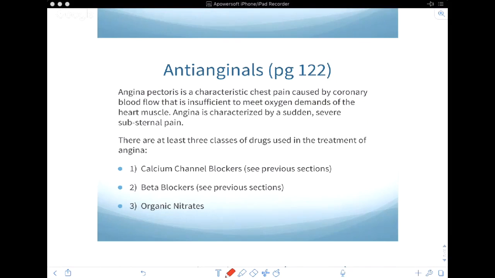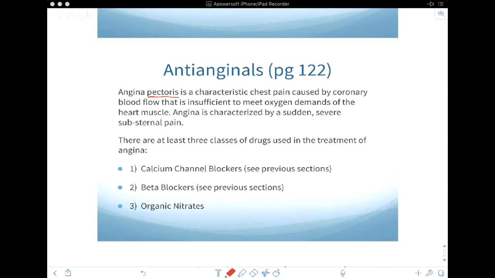Angina is characterized by sudden, severe substernal pain. Now, antianginals. So angina pectoris: when you think of pectoris, there's a muscle called the pectoral muscle. That's going to be your pectorals, sometimes referred to as pecs, or basically your chest area.